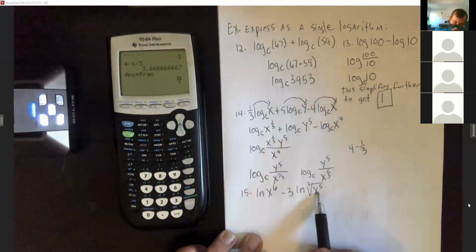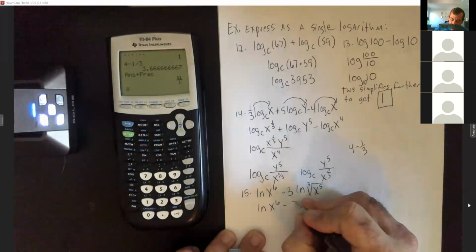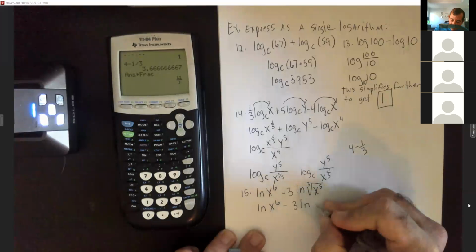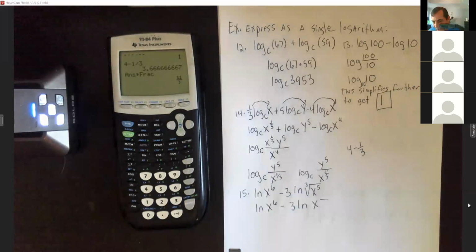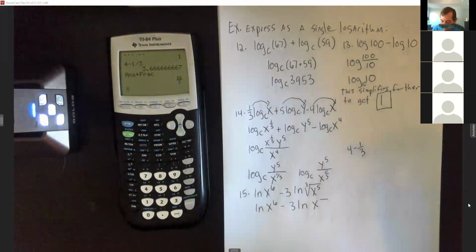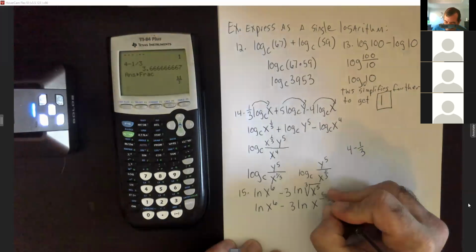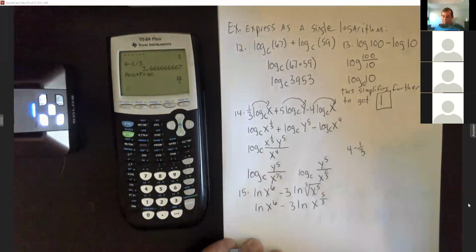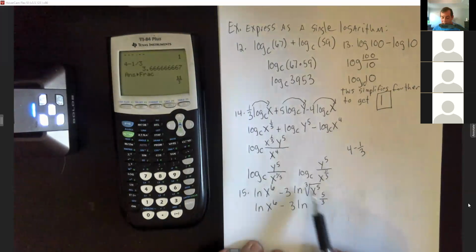So bring down your ln x to the 6th minus 3 ln x with a fractional exponent now. So the cube root of x to the 5th written as an exponent would give me x to the 5/3. So remember, the exponent is always on top. The index or root of the radical is always on the bottom.